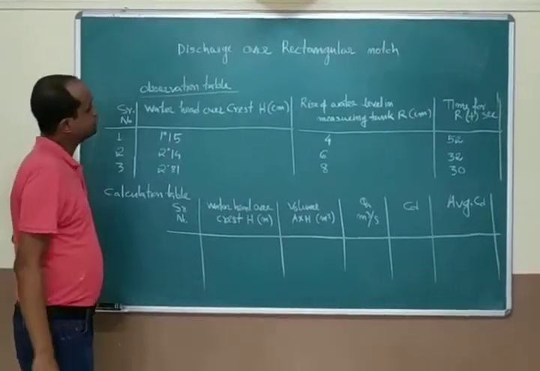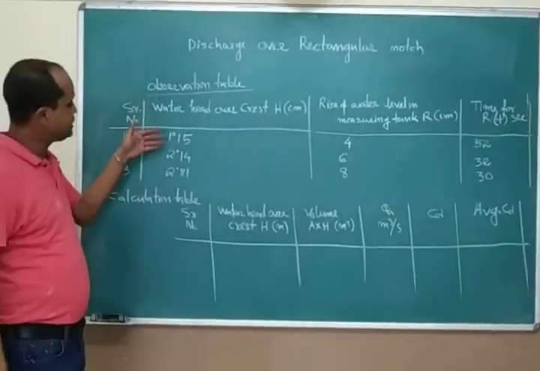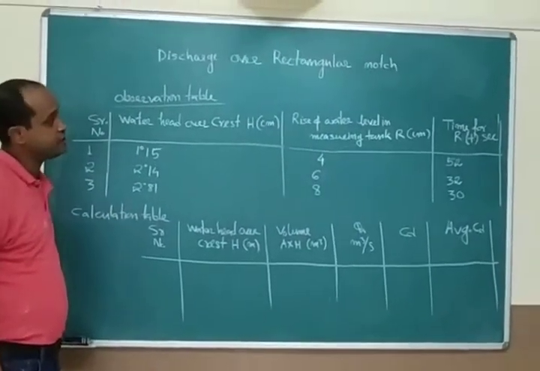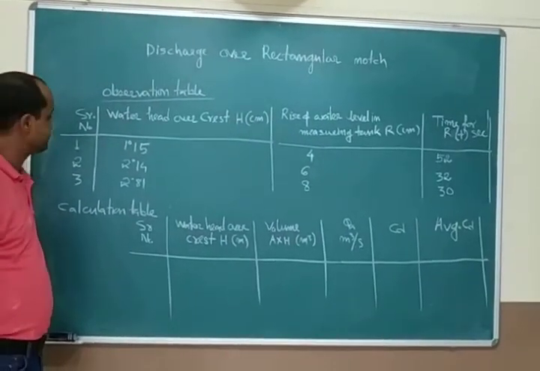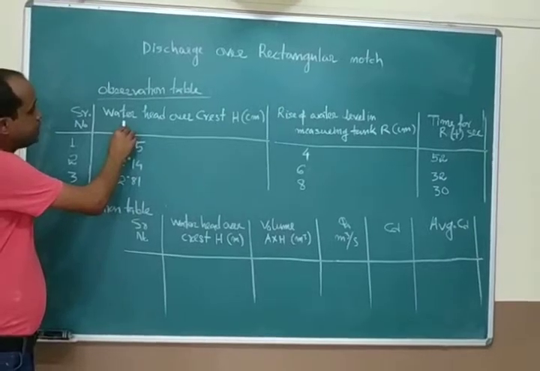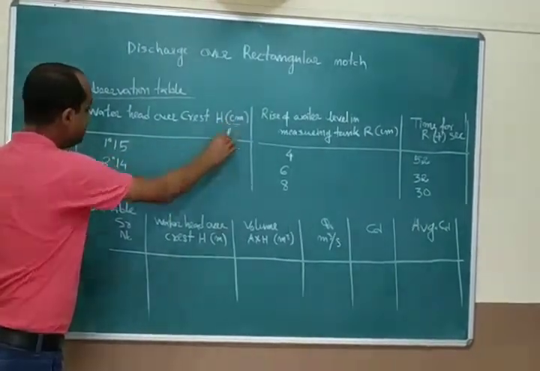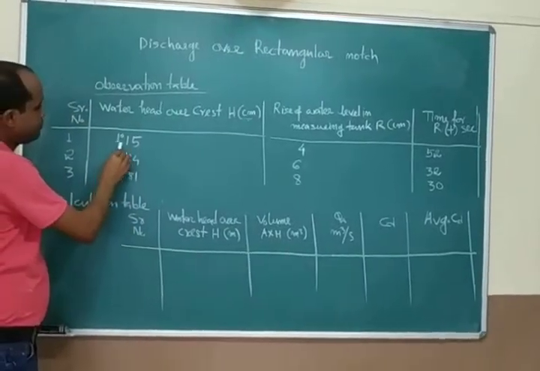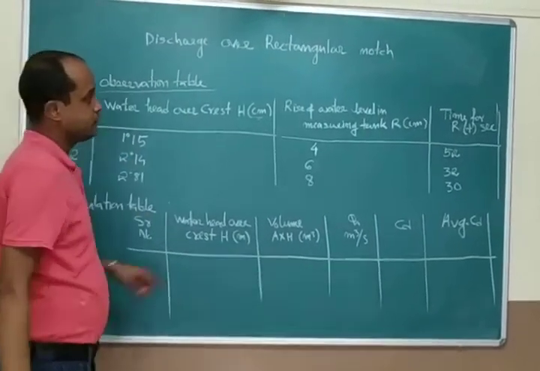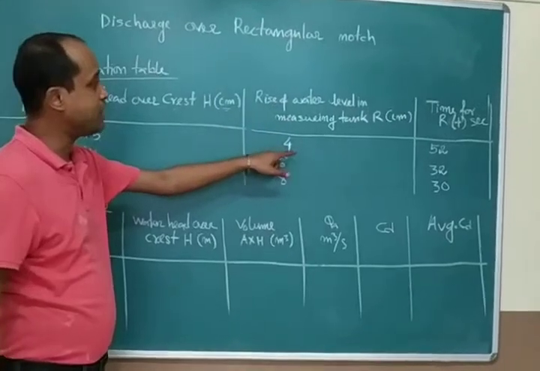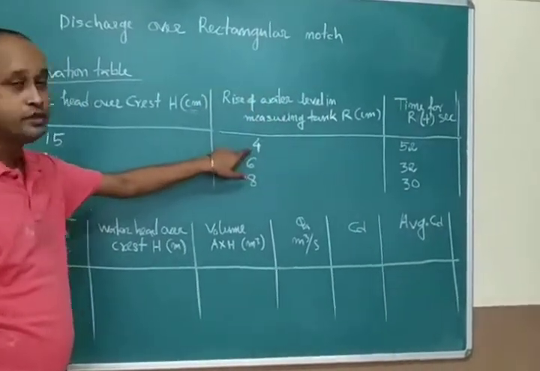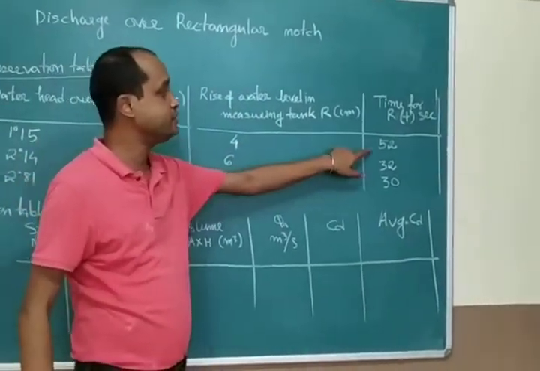So dear students, after doing the experiment, we get certain values for H, R and T. For the water head over the crest H, in cm, it is 1.15. The rise of water level R, again in cm, is 4, and the time taken is 52 seconds.